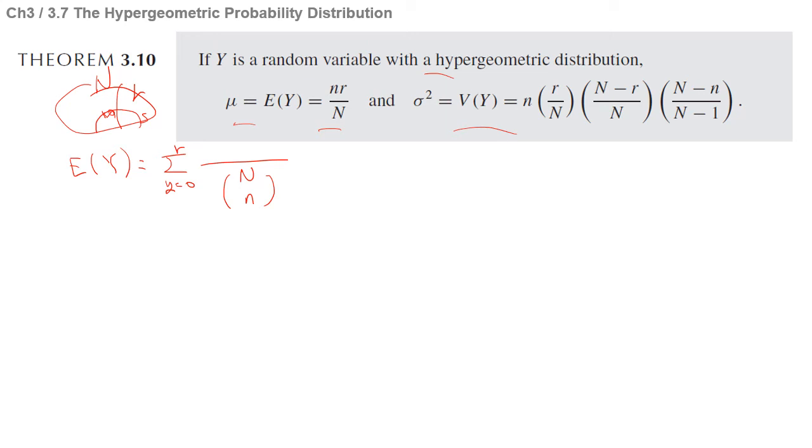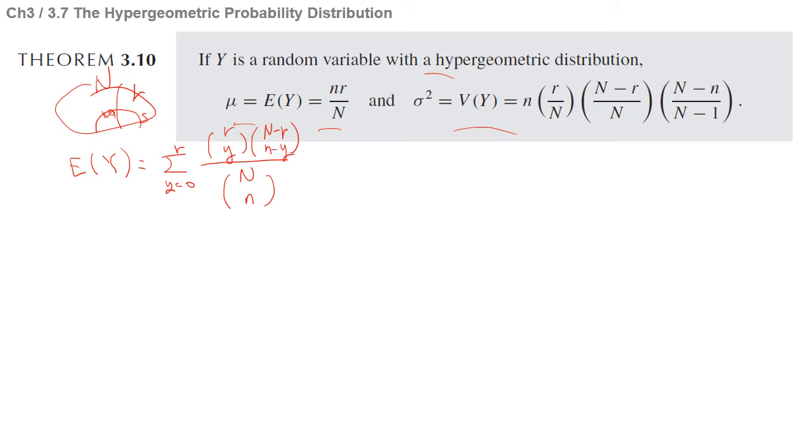So we choose n number of events, and among r number of events we are choosing y, and among N minus r number of events, we are choosing n minus y.